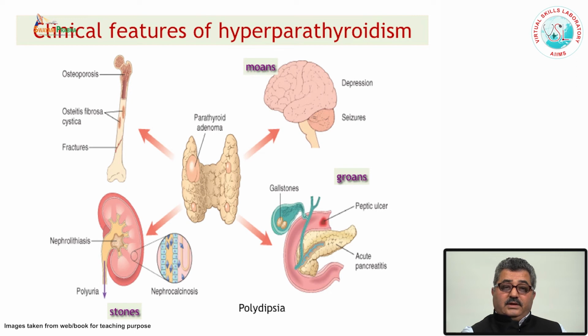And if the calcium levels are very high, these patients are more prone to depression and seizures. Because of the peptic ulcers, there can be pain. There can be pain because of the gallstone. There can be pain because of the renal stones.